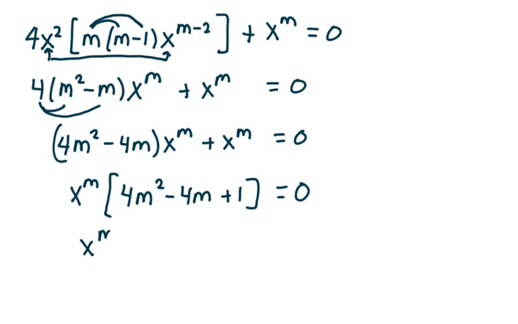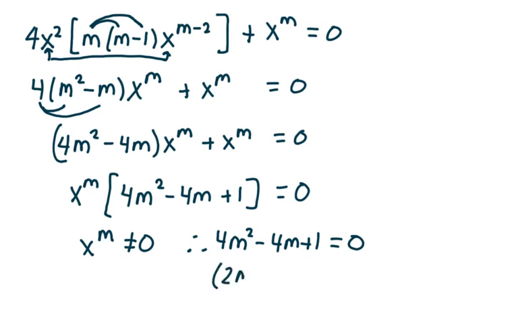But x to the m does not equal 0, and so therefore 4m squared minus 4m plus 1 is 0. And when I factor, I get 2m minus 1 raised to the second equals 0. Now, when I solve for m, I get m equals 1/2 twice, like so.